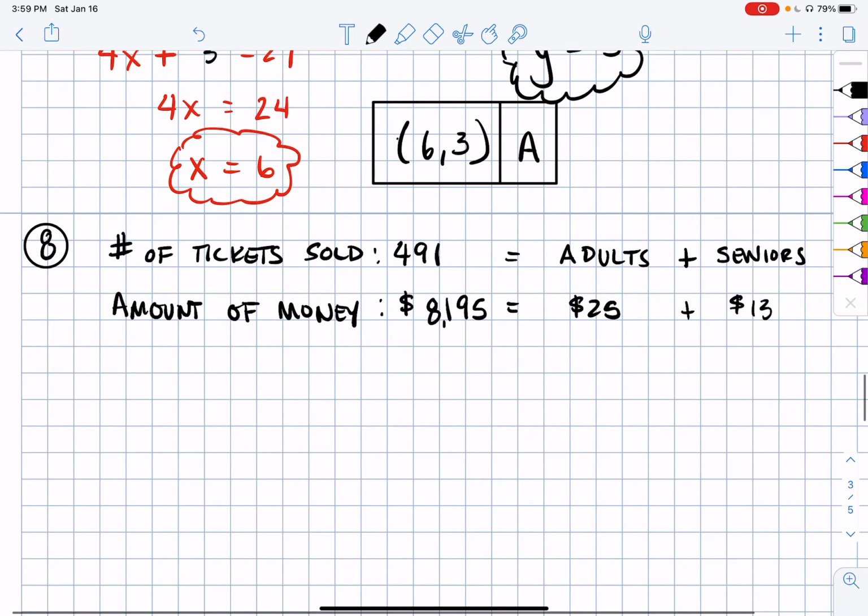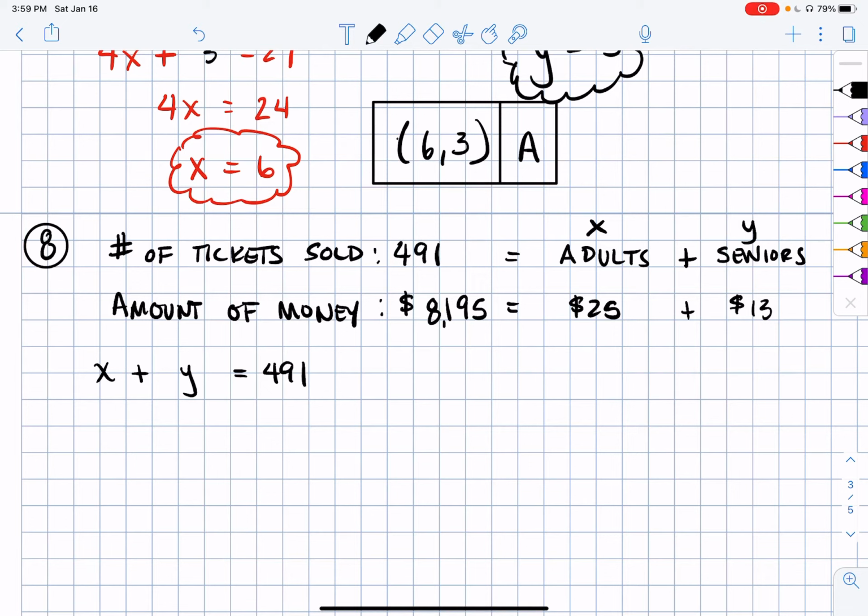So I have two equations here. I'm going to call adults X and seniors Y. My first equation is that the number of adult tickets plus the number of senior tickets equals 491.